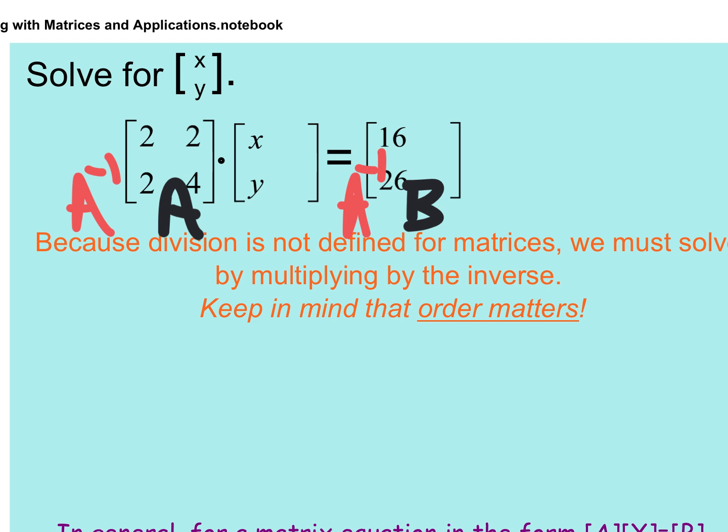Again, the excuse, I just use my calculator, is not going to get you points. You've got to show your work. That's part of your work, but actually showing me what the inverse actually is. What are these 4 numbers?